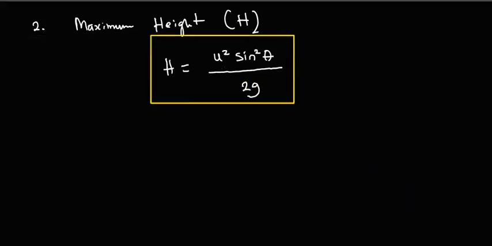For convenience, sine squared theta is the same thing as sine theta in brackets then squared. So don't get confused when we say sine squared theta. This is just what it means.